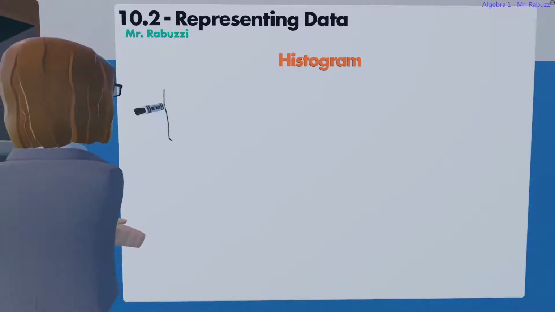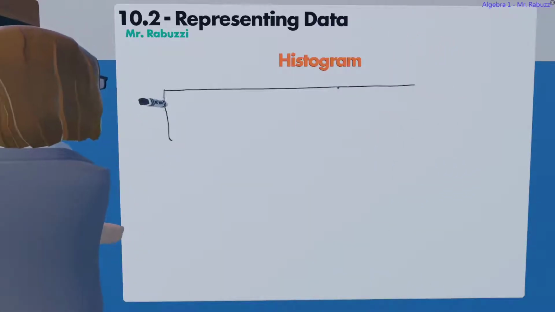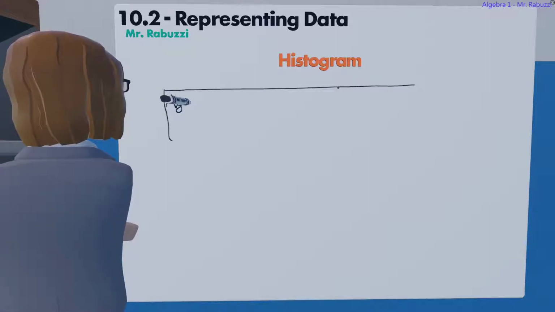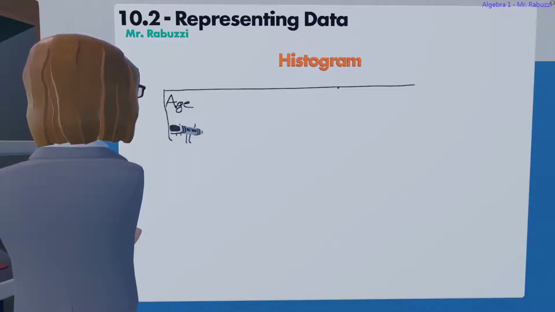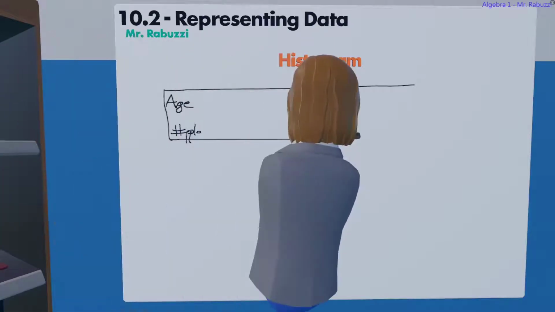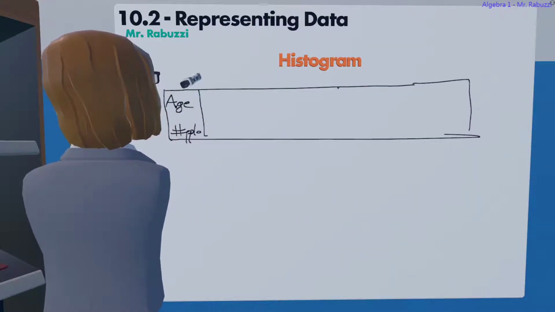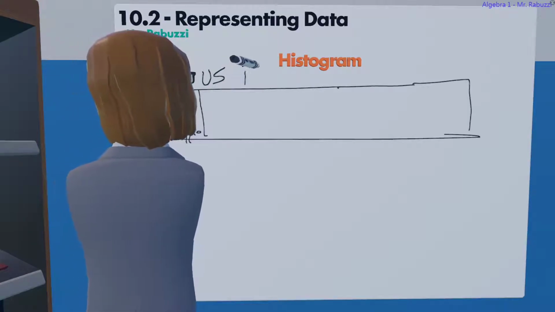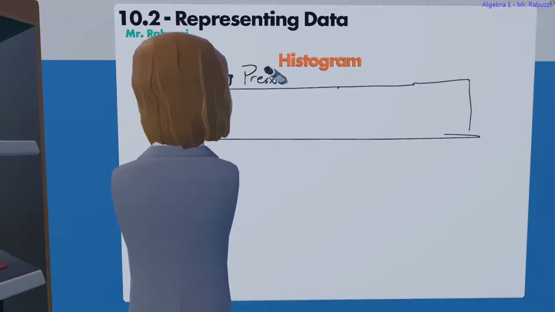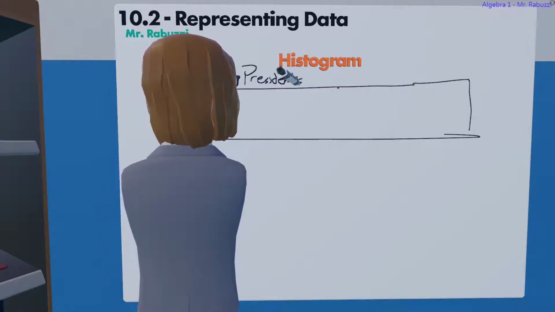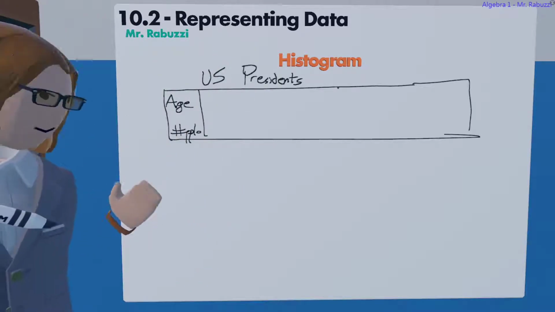And I got a chart, and it says it is the age and the number of people at that age, and this is presidents. So U.S. presidents, and this is when there were 44 presidents. So the total is going to be 44, or it should be. U.S. presidents. Age. So what age did they get elected?